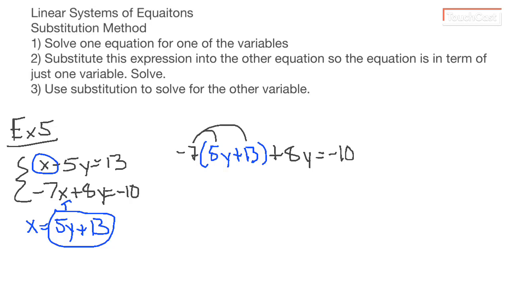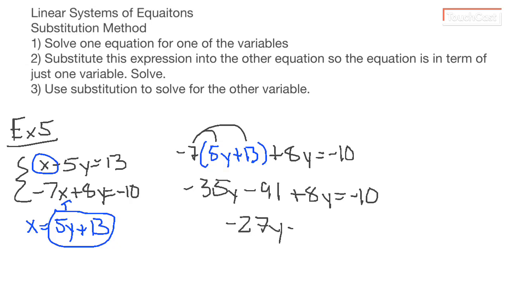We can distribute the negative 7 and get a negative 35y plus 7 times 13. That gives us negative 91. So we're not going to have plus, we're going to have minus 91 plus 8y equals negative 10. Then we can combine like terms. Negative 35y plus 8y combines to make negative 27y minus 91 equals negative 10.